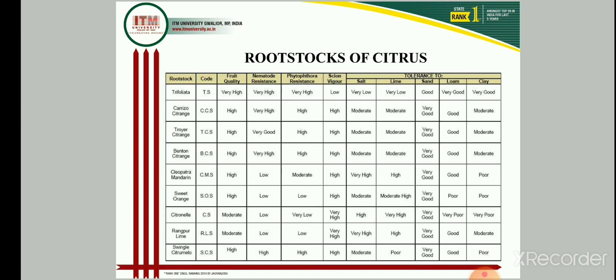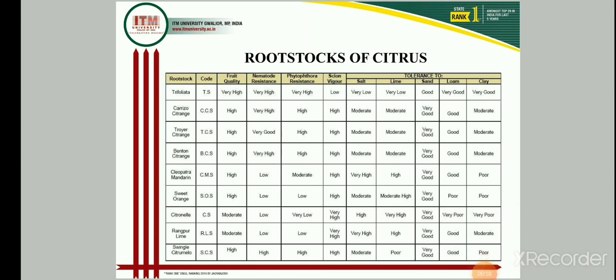Many of these rootstocks are trifoliate orange, Carrizo citrange, Troyer citrange, Benton citrange, Cleopatra mandarin, sweet orange, citrumelo, Rangpur lime, and Swingle citrumelo. These are the common rootstocks, mostly hybrids. Some of them are intergeneric as well as interspecific hybrids.